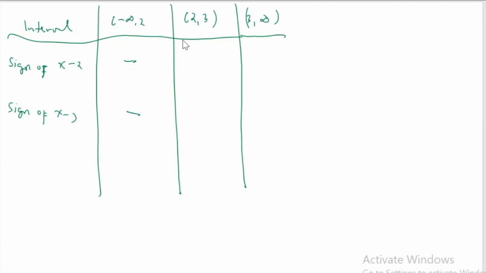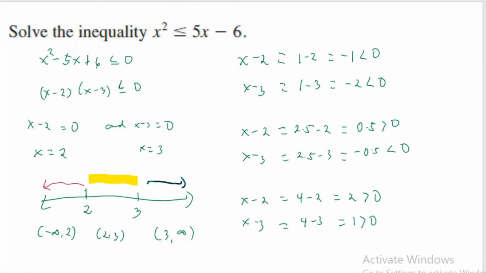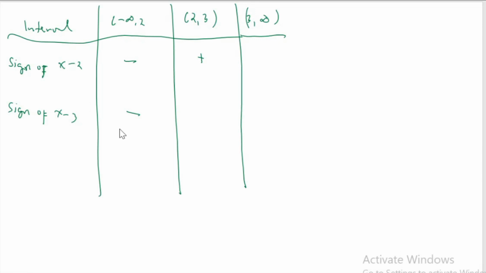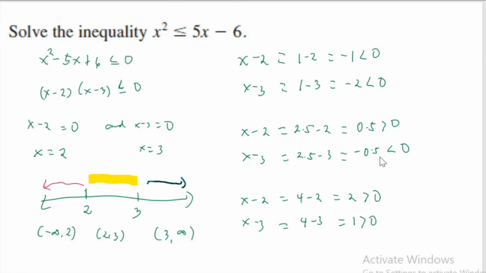Now moving on to the next interval, 2 to 3, we use the value of x as 2.5. So 2.5 minus 2 is positive, as I have shown in my solution here. Next, 2.5 minus 3 is negative.